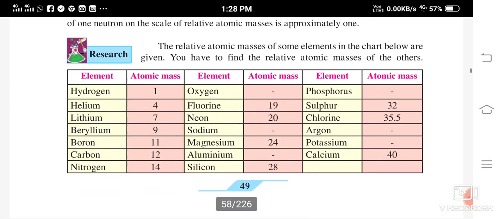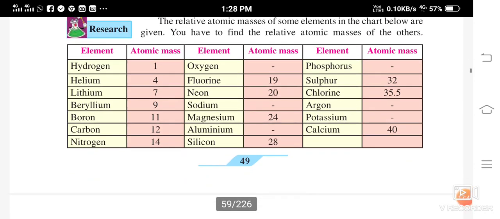The relative atomic masses of some elements in the chart below are given. You have to find the relative atomic masses of the others. Hydrogen is 1, helium 4, lithium 7, beryllium 9, boron 11, carbon 12, nitrogen 14. Oxygen you will find out by seeing the atomic mass in the modern periodic table, as I have told you above.